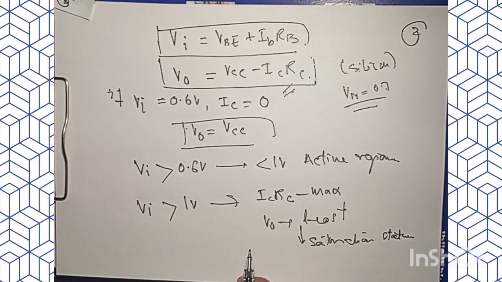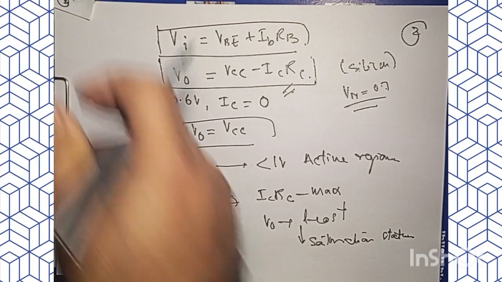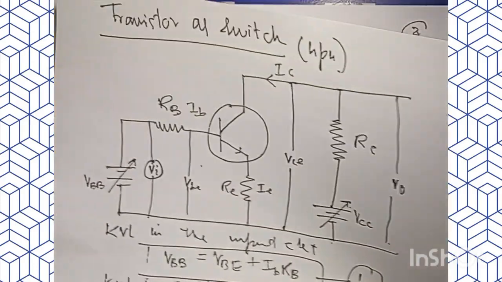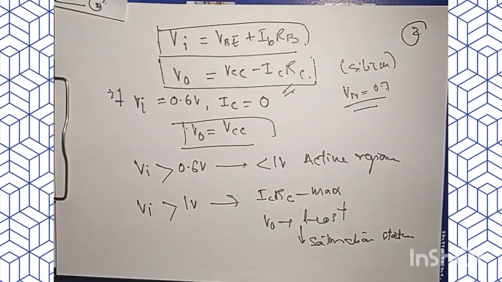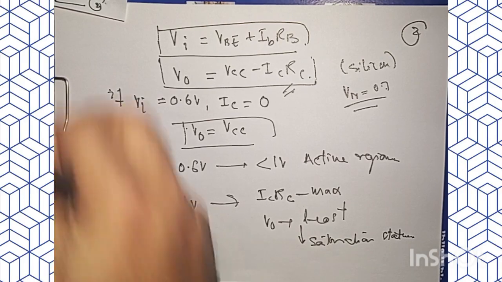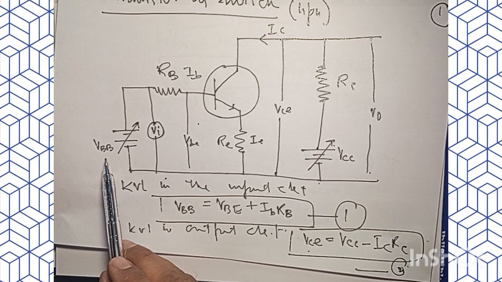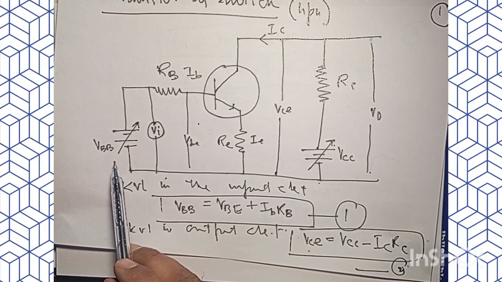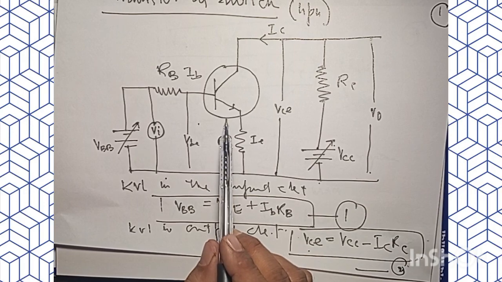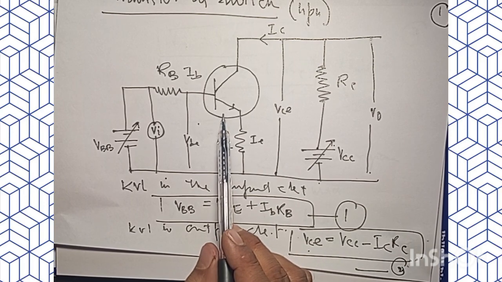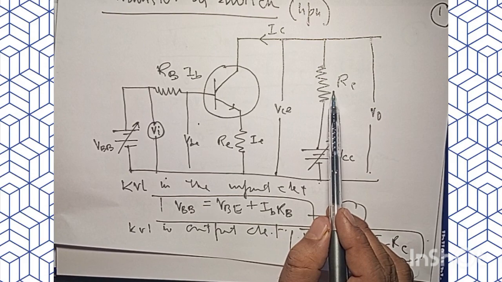Now, how we understand that this common emitter configuration of the transistor will be behaving as a switch is that when this base input voltage is very low, so that the transistor is not forward biased, then no current flows through RC, right?